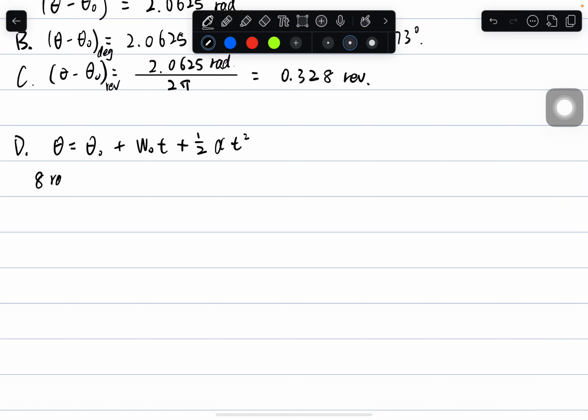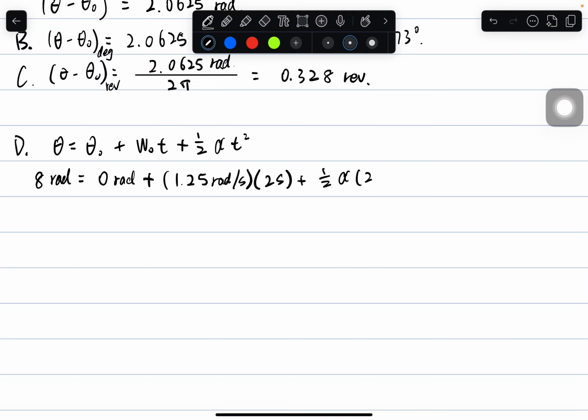So 8 rad equals 0 rad plus the initial speed, 1.25 rad/s, times the time, which is 2 seconds, plus 1/2 angular acceleration α times 2 seconds squared. And we solve for the angular acceleration α, and it equals 2.75 rad/s².